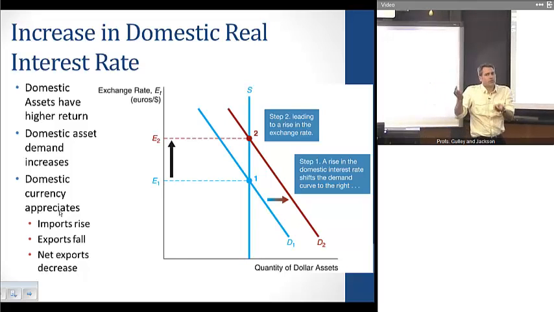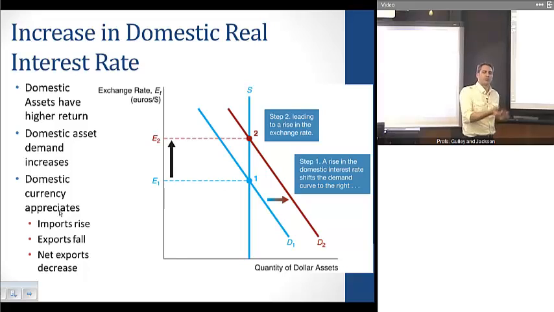So again, we're thinking about the differential between domestic interest rates and foreign interest rates. So the differential gets bigger. People want to hold more domestic assets. That drives the demand for domestic assets up, and you can see pretty easily that the exchange rate is going to rise. So in this case, the amount of euros per dollar goes up, the dollar appreciates.